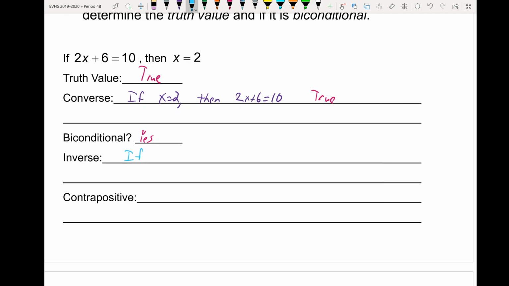If 2x plus 6 is not equal to 10, then x is not equal to 2. Equal marks are very easy to negate. You just put a slash on them. And then my contrapositive: if x is not equal to 2, then 2x plus 6 is not equal to 10.